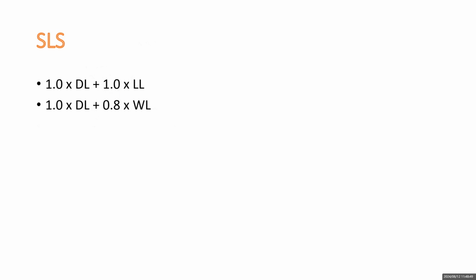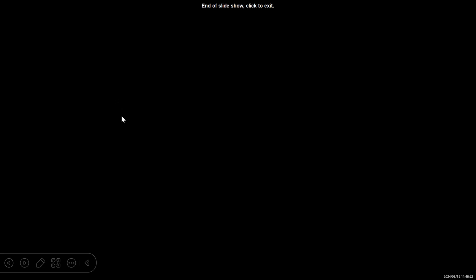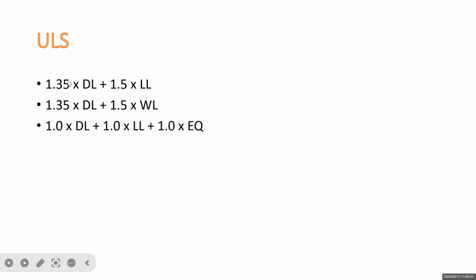As you can see here, the difference between ULS and SLS is that for ULS I'm going to use all of the forces combined together. For the first combination, I'm going to combine the dead loads and the live loads.